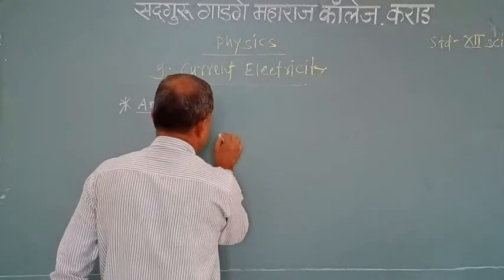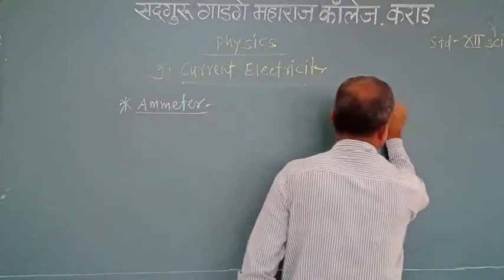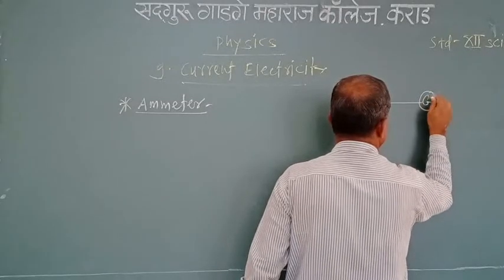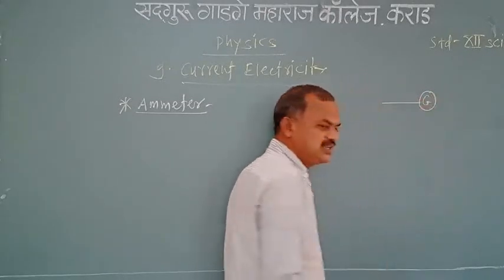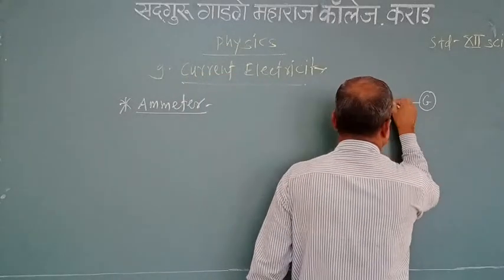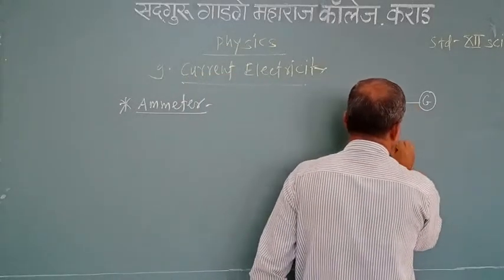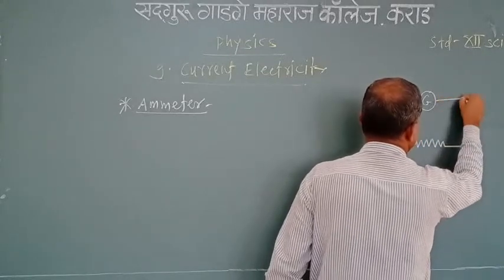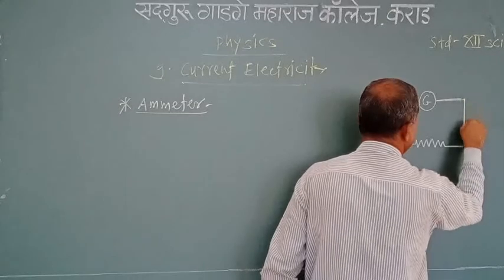Suppose this is coil of galvanometer G. Coil of galvanometer having resistance G. A very low resistance is connected in parallel with coil of galvanometer.